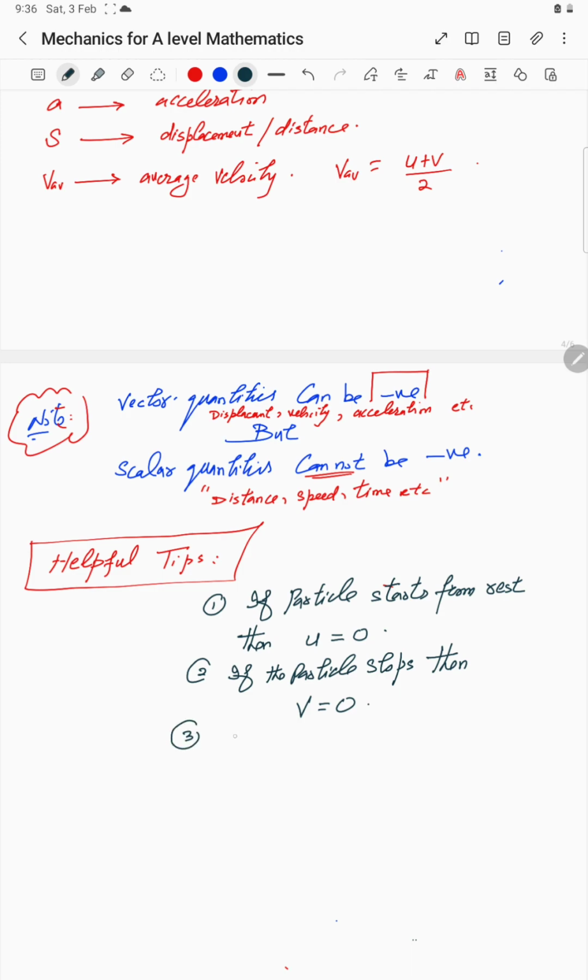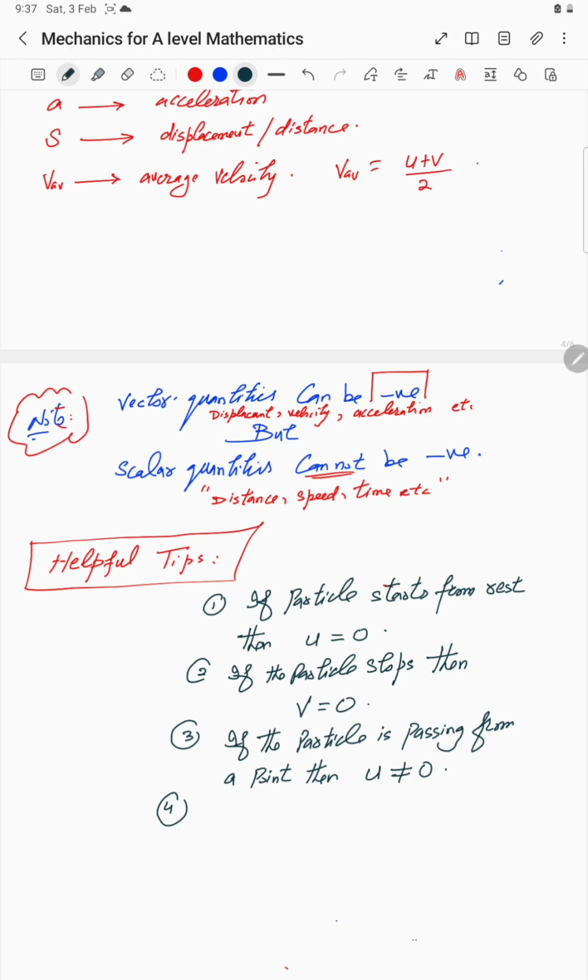Number three, if the particle is passing from a point, or from any point, then u will never be taken as 0 at that point, because it's in motion, so it has some speed or velocity.